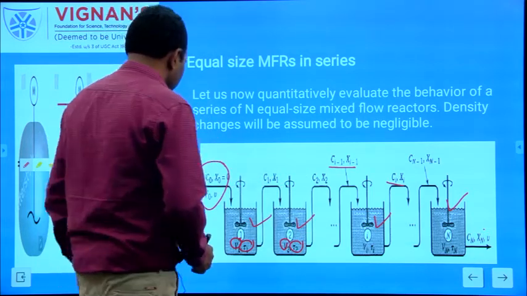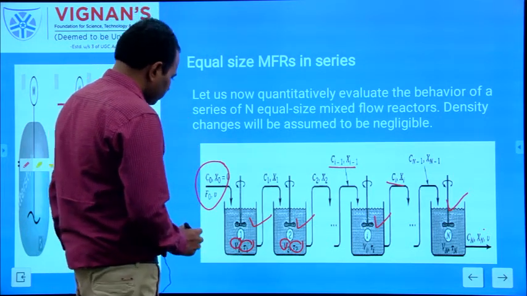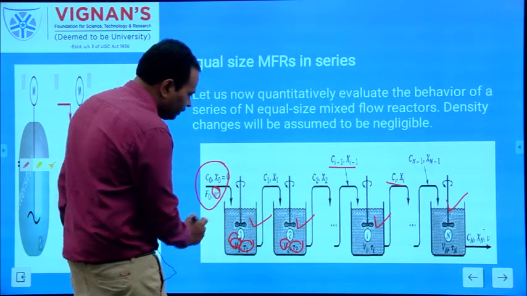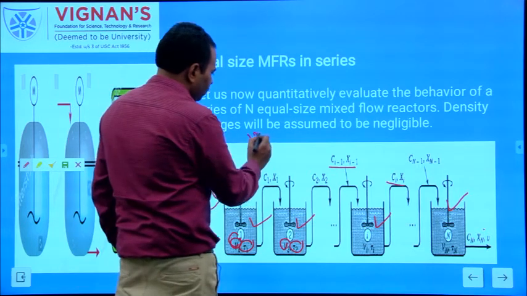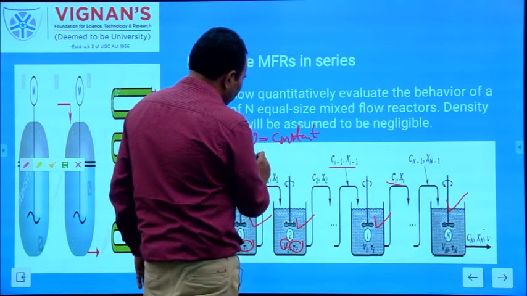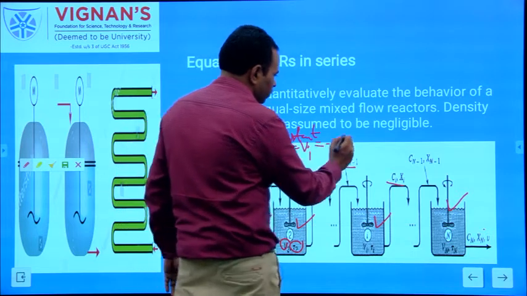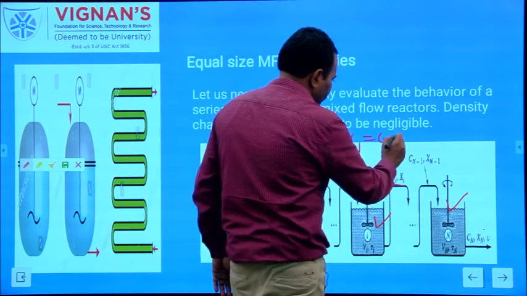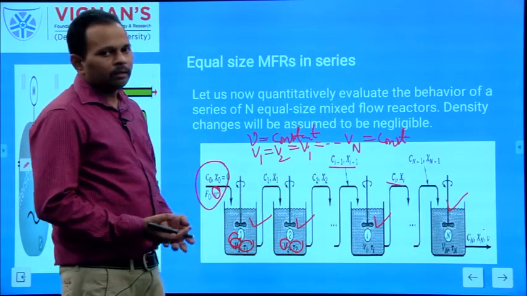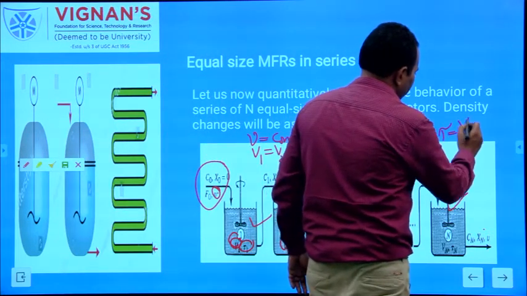When you observe this equation, nu is the same for all the reactors, and when you consider equal sizes, the volumetric flow rate is the same, nu constant, and the volumes are also constant: V1 equals V2 equals Vi and so on, Vn equals a constant. When V and nu are constant, tau is also constant, since tau is equal to V by nu.